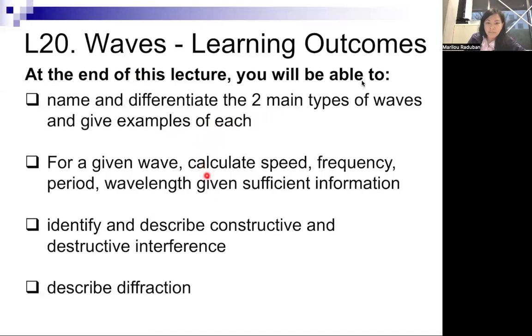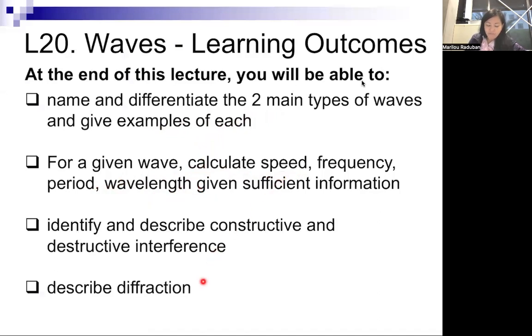Like we did in periodic motion, where we identified the amplitude, period, and frequency from the sinusoidal graph, we will also do the same for the wave. We will identify the amplitude, frequency, and what we call wavelength of the wave. And of course, we'll define what the wavelength is, and then we'll define what speed of the wave is.